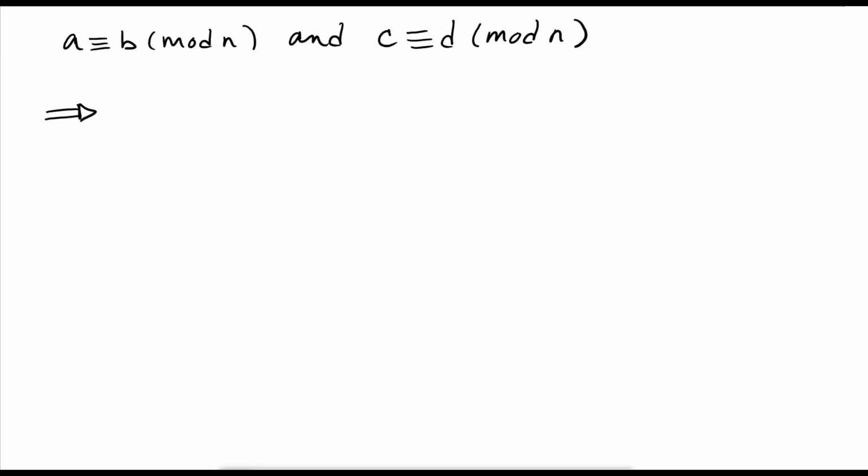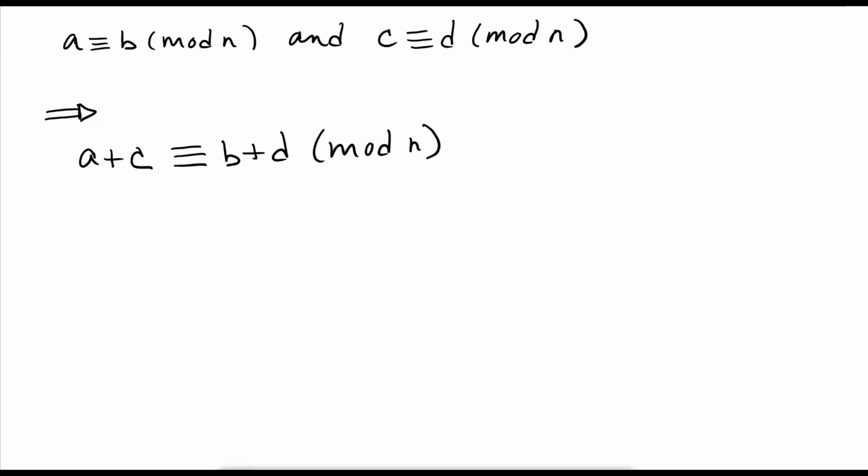Another property involving congruence modulo n, we have a substitution property. And the substitution property says that if A is congruent to B modulo n, and we know that C is congruent to D modulo n, then that means that I can add A plus C. If I were to add A plus C together, then that would have to be congruent to B plus D modulo n.